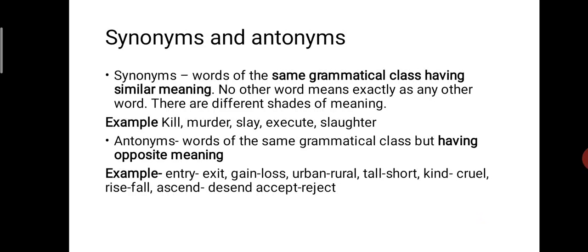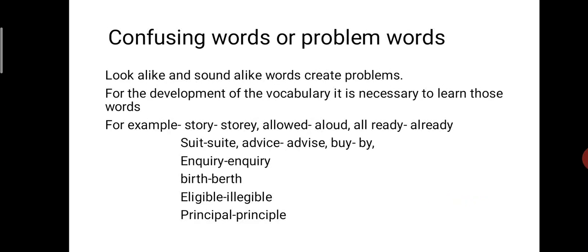These are the examples for your learning, and you can develop your vocabulary through synonyms and antonyms also. This is a very simple way, written in your textbook, and this is only the basic part of developing vocabulary.